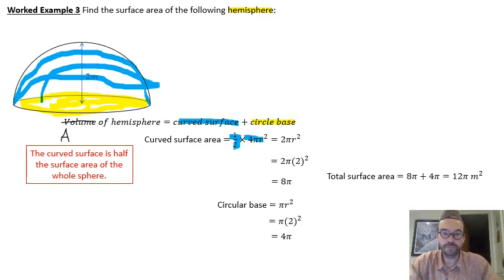Okay, that's all we're doing. We know that the area of a sphere is 4 pi r squared, which you can write down. You don't need to learn it, just write that down in your notebooks. And we know that a circle is pi r squared. Work both those out, add them together, 12 pi, or on a calculator 12 times pi, and get an answer.